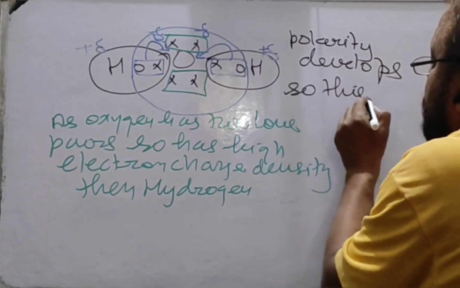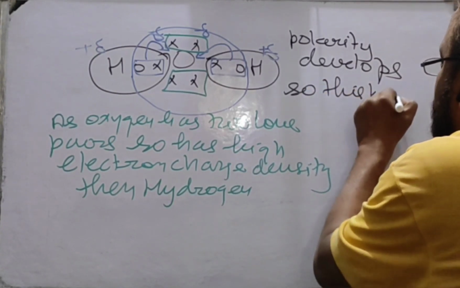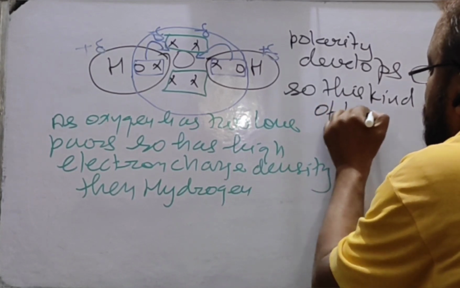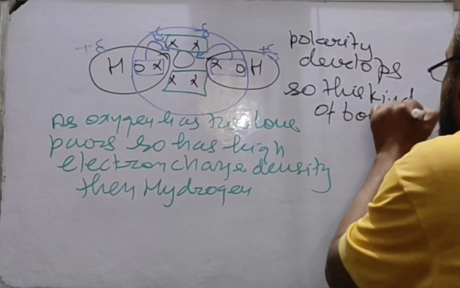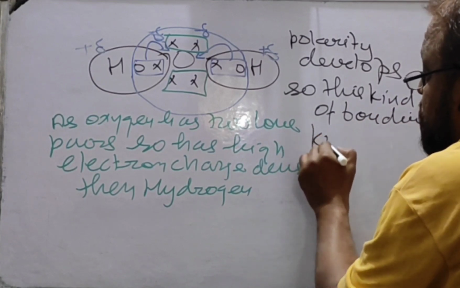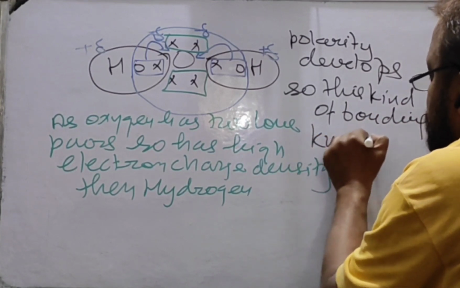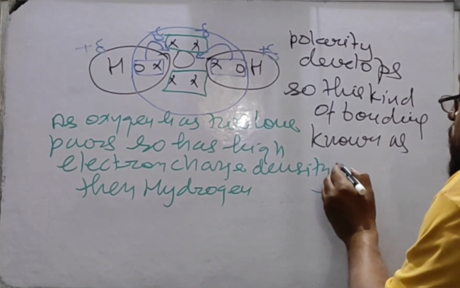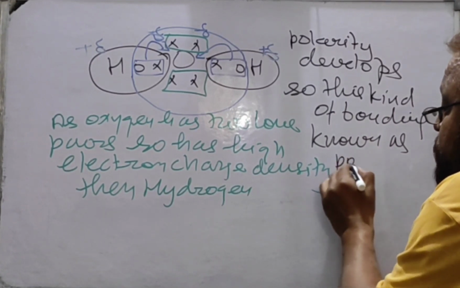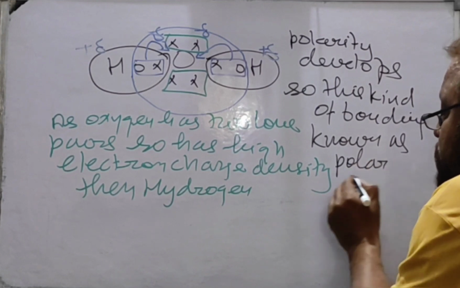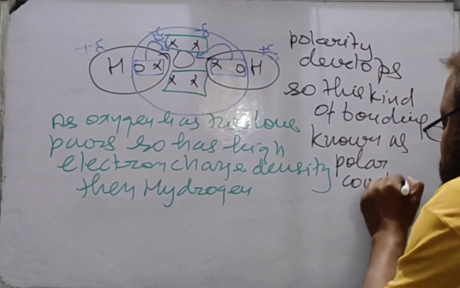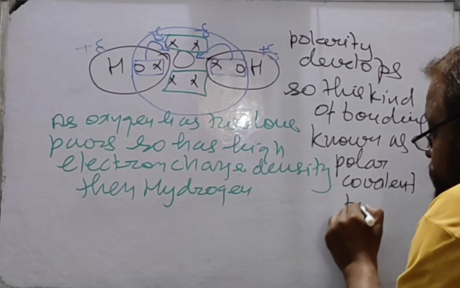Oxygen has high electron charge density. It has two lone pairs, so those shared electron pairs shift a little bit towards the oxygen atom and it gets a partial negative charge. So this partial charge, or we can say polarity, develops. This kind of bonding is known as polar covalent bonds.